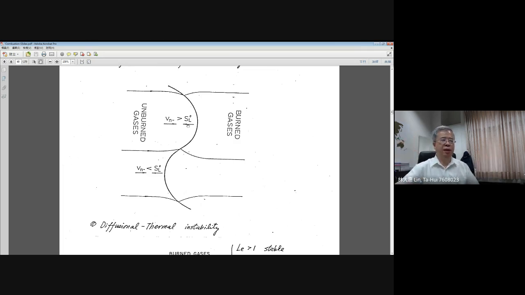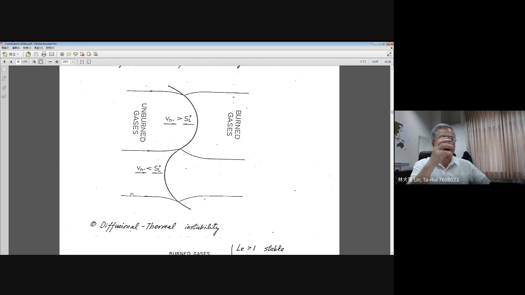moving to the downstream side. The other way, if you look at the lower part, it is just the opposite effect, because the flame curvature is actually convex to the upstream side. And in the upstream of the lower flame, the cross section of your stream tube is increased.